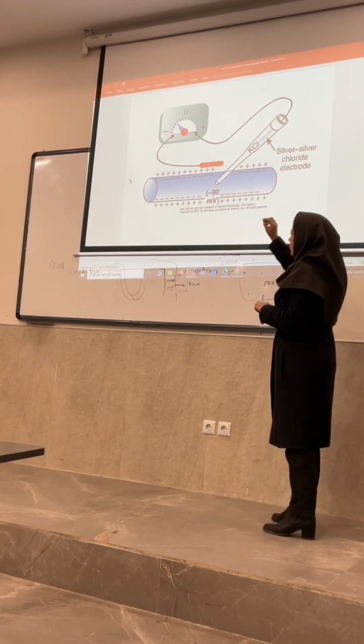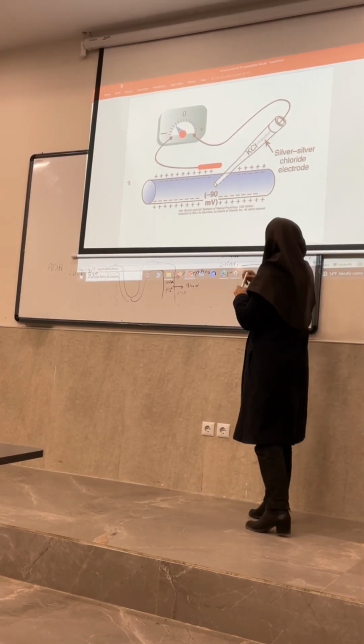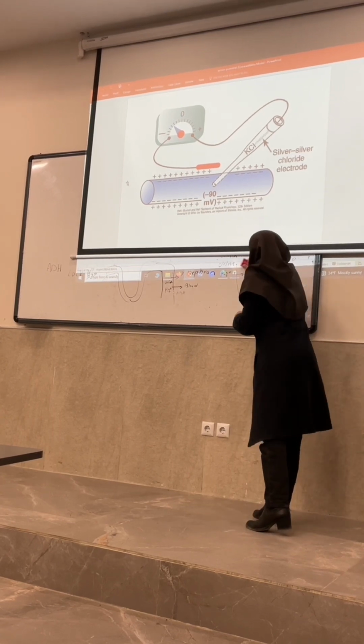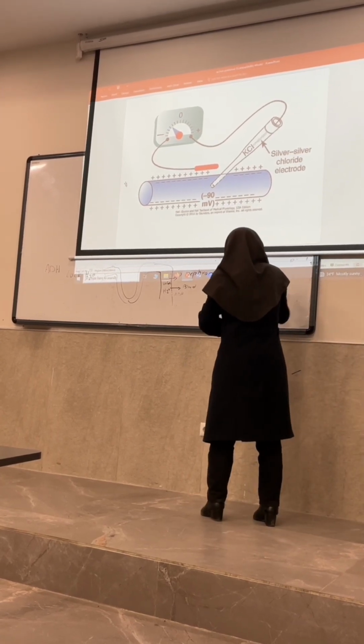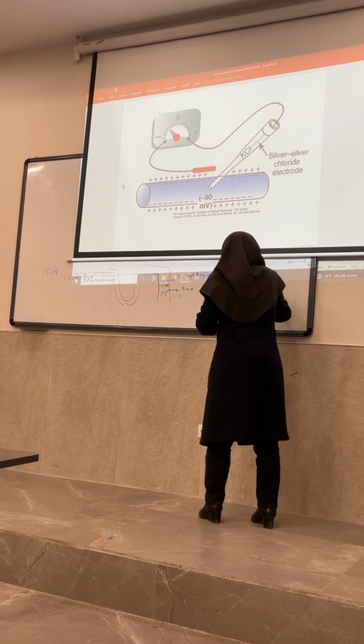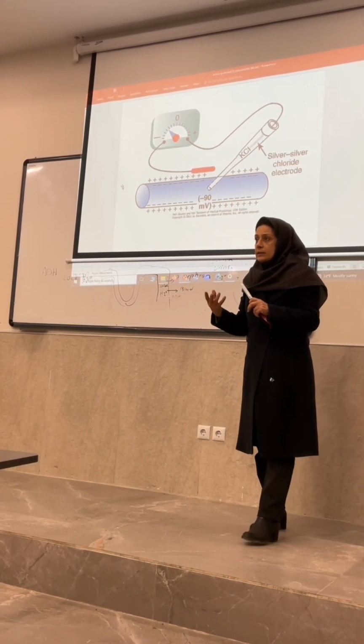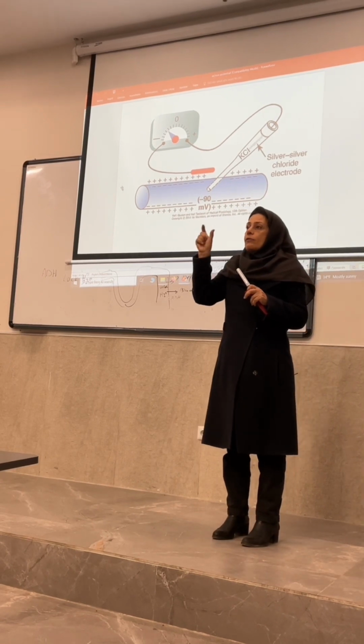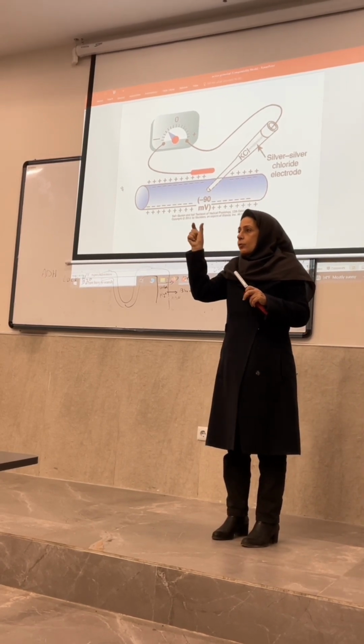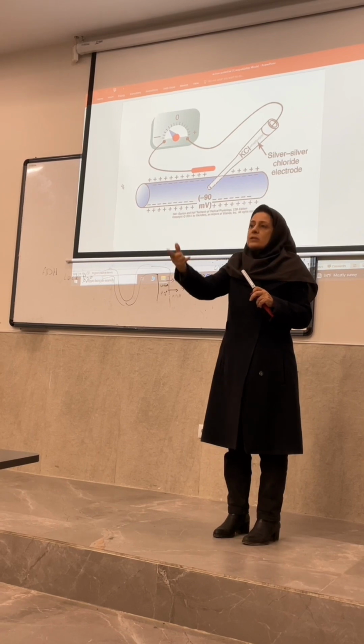If you attach a pen to that electrode, it draws a shape like this. This is the action potential. So the action potential is the answer of one muscle or one nerve to some stimulus.